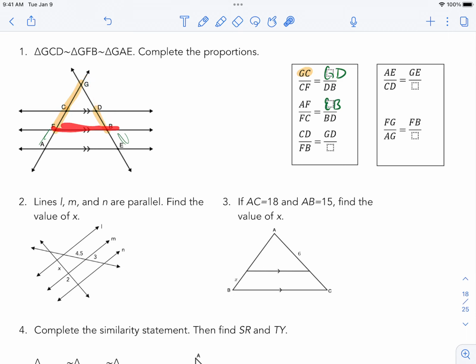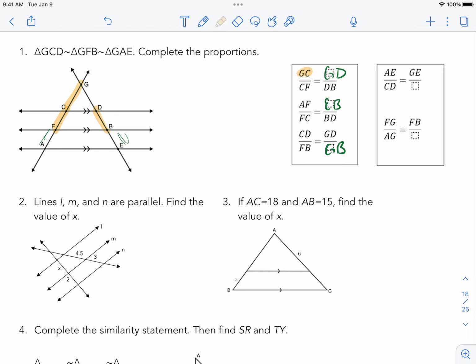So GD is corresponding to which side in the larger triangle? If we're talking about this larger triangle, then we would need GB. So GB is the corresponding side there.